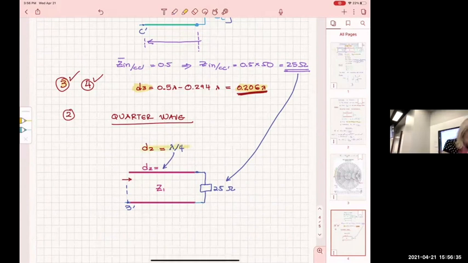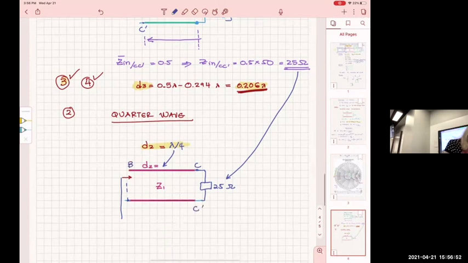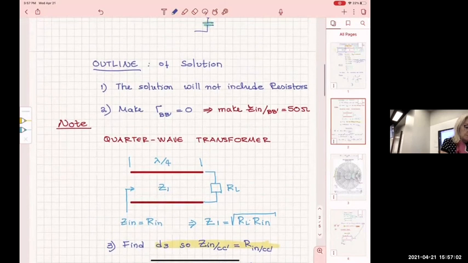And now, since I know that the line that I want to transfer 25 ohms to what number? To what real load, real input impedance? What is that, CC prime? How much do I want to make this one? You remember, according to my outline for the solution?